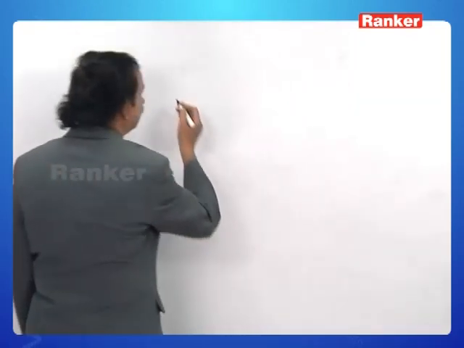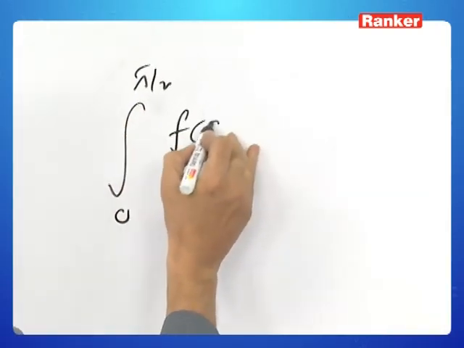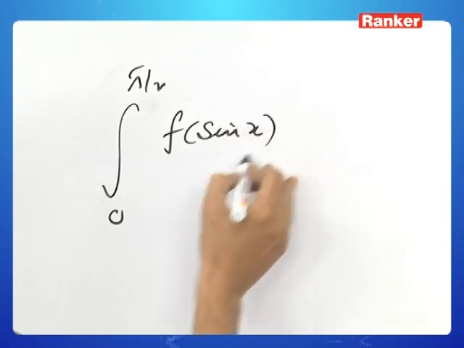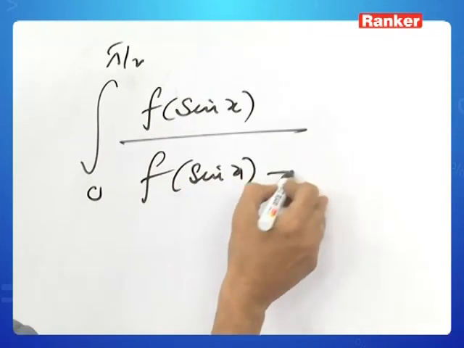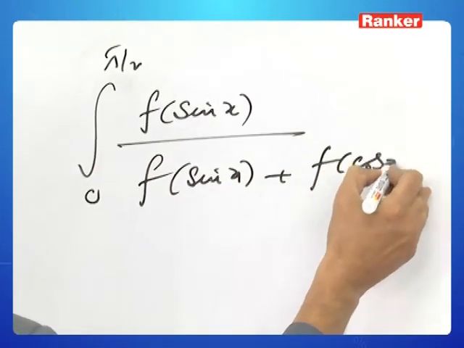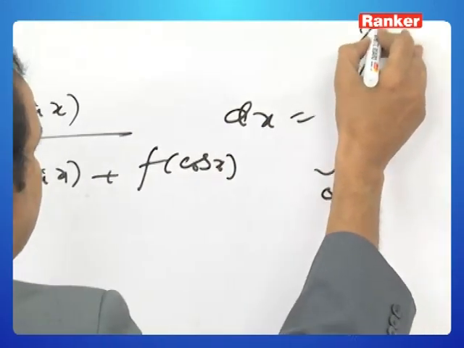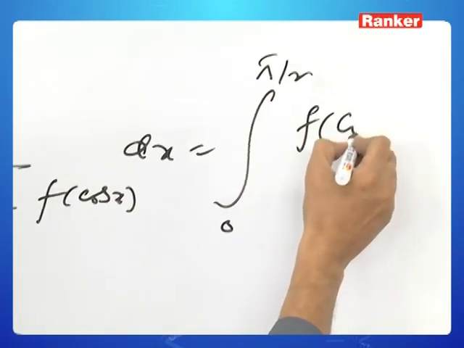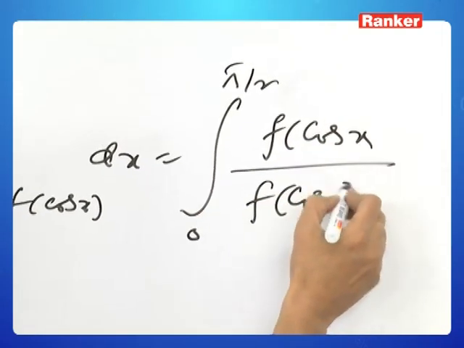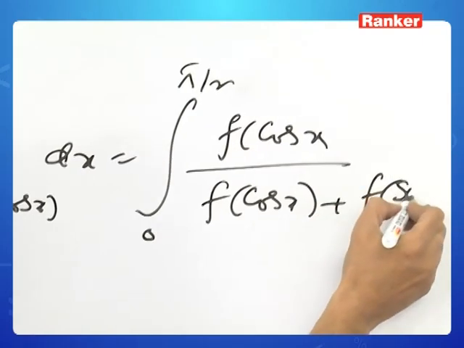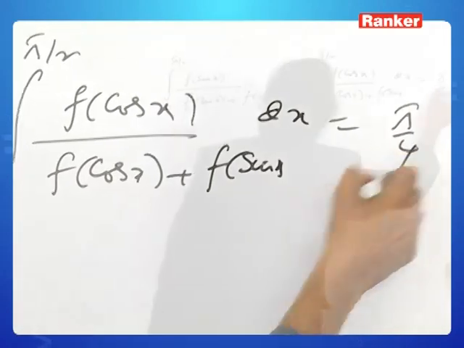results. Well, integral 0 to pi by 2 f of sin x by f of sin x plus f of cos x dx is equal to integral 0 to pi by 2 f of cos x by f of cos x plus f of sin x is equal to pi by 4.